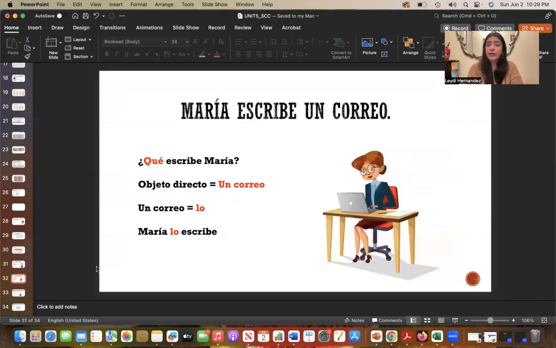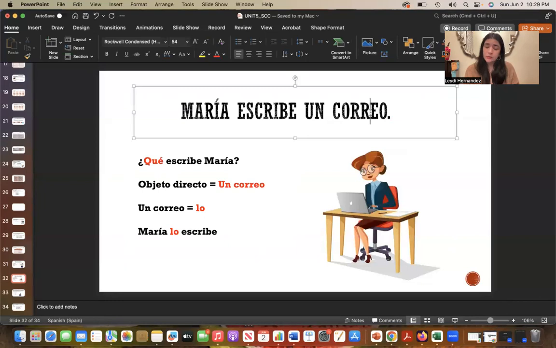So we have María escribe un correo. What is being written? Un correo. So that is my direct object noun. María is my subject, escribe is my action. So we have to replace un correo, which is an email, masculine and singular in Spanish. And what is my direct object pronoun for masculine singular?